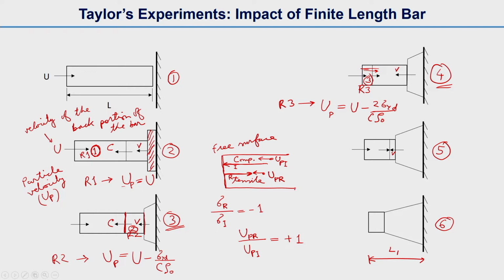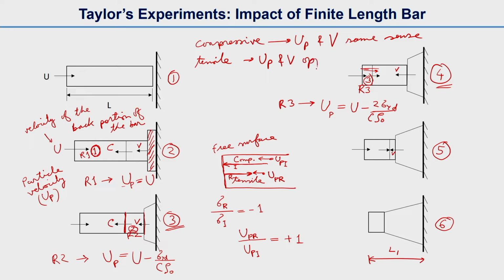We also discussed that for a compressive wave, UP and the wave velocity, let us write wave velocity as capital V, have the same sense, and for a tensile wave UP and V have opposite sense.